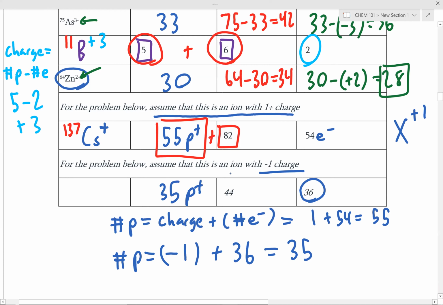And now when we're calculating our mass number, can we add up our protons and neutrons? Yeah, so we'll take 35 plus 44, that gives us 79. Perfect, so this table's all filled in. Any questions on isotope notation? Okay, let's just continue on then.